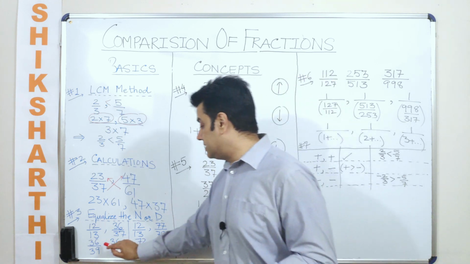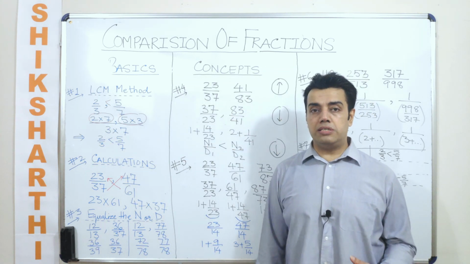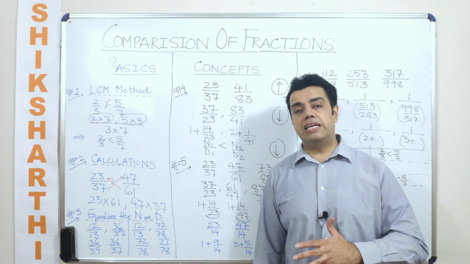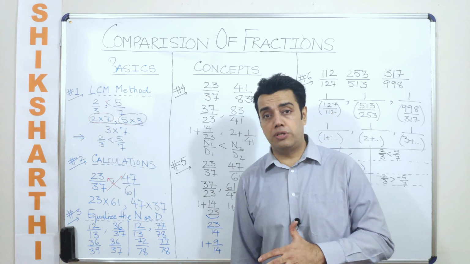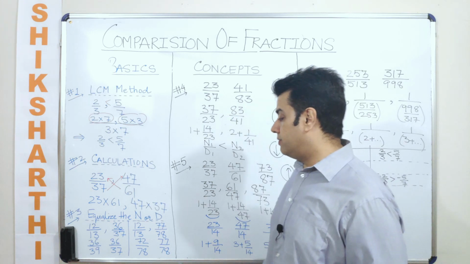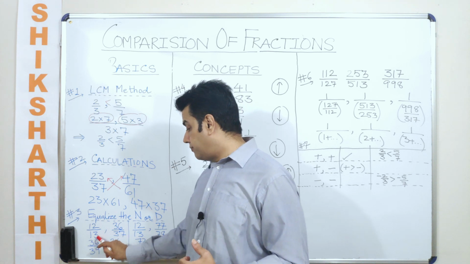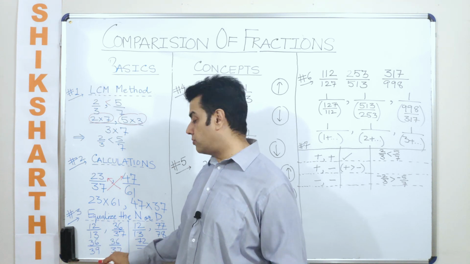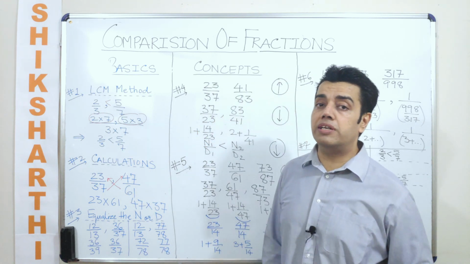Now, once their numerators are the same, can I say the value of a fraction is not directly proportional to its denominator? Meaning thereby, once I am able to establish the fact that the numerators are equal, the fraction having a greater denominator will be lesser than a fraction which has a smaller denominator.